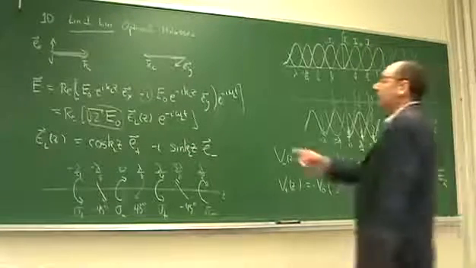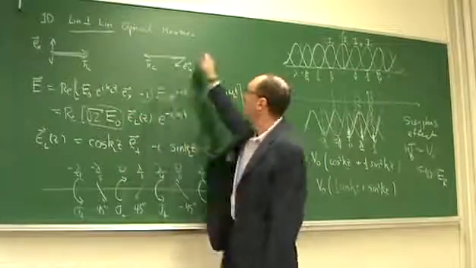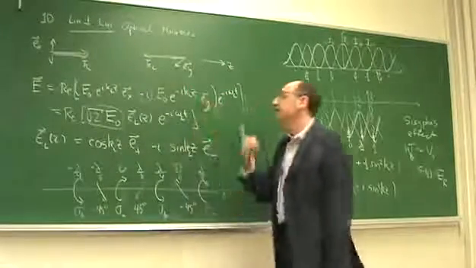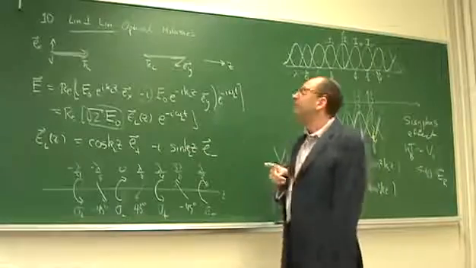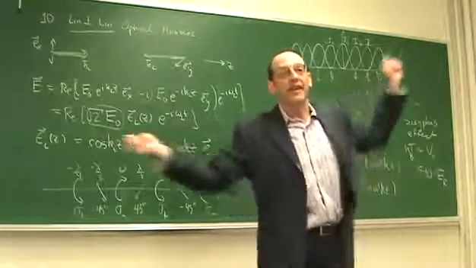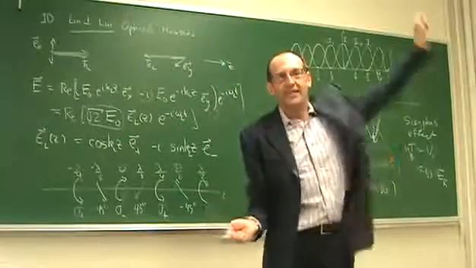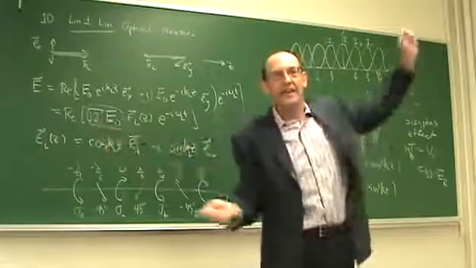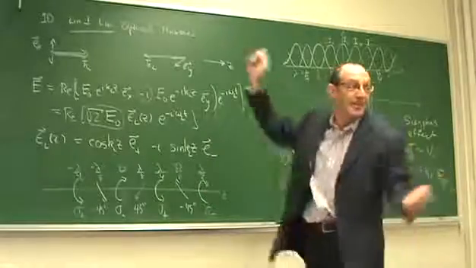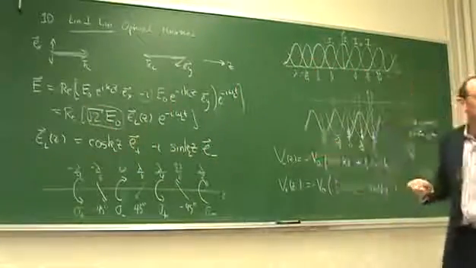However, the local value of the polarization as a function of the distance along this axis is varying, because the relative phase between the x and y, if they're in phase, then I get linear polarization, and if they're 90 degrees out of phase, then I get circular polarization. Okay, I can't do the polarization dance as well as Bill Phillips does it, but we'll try that video next time.